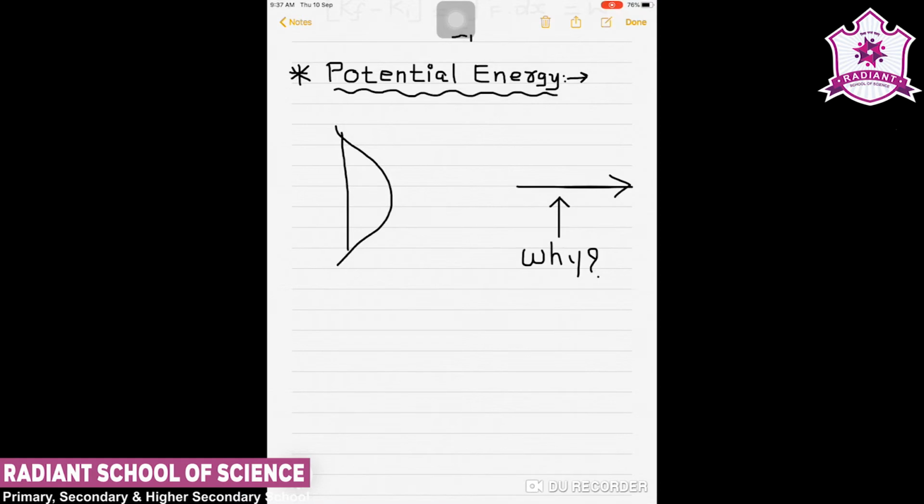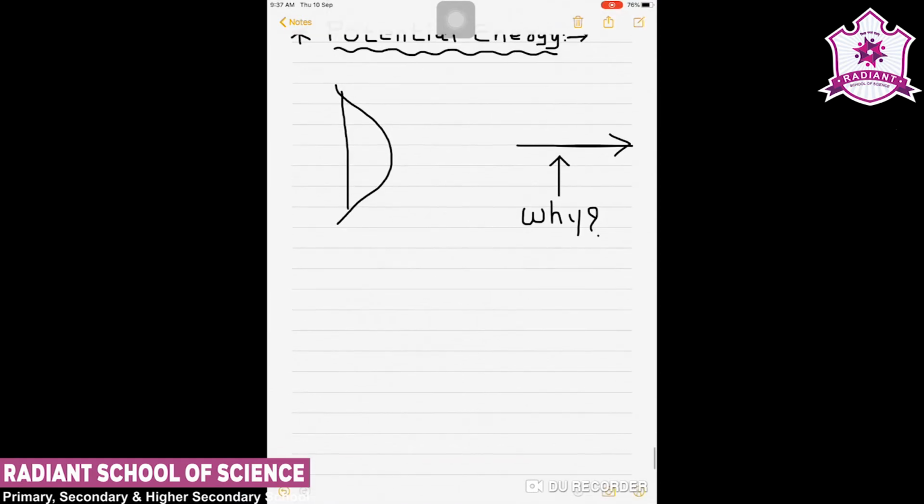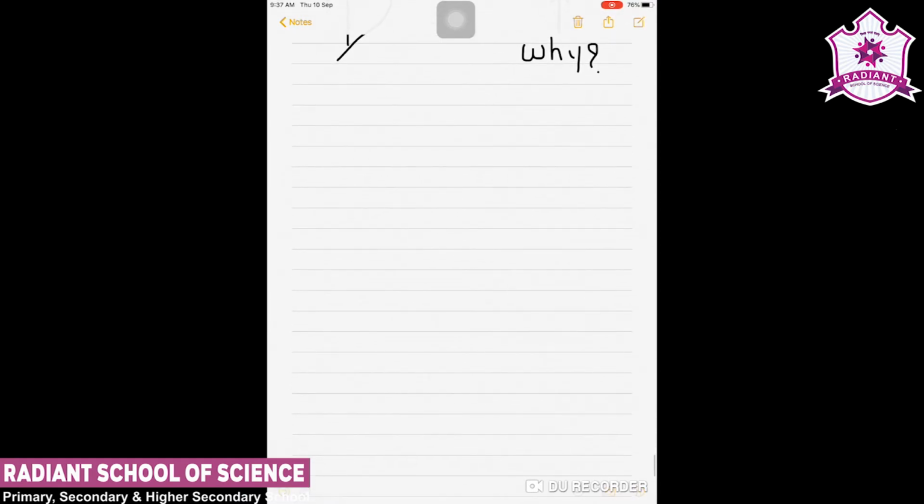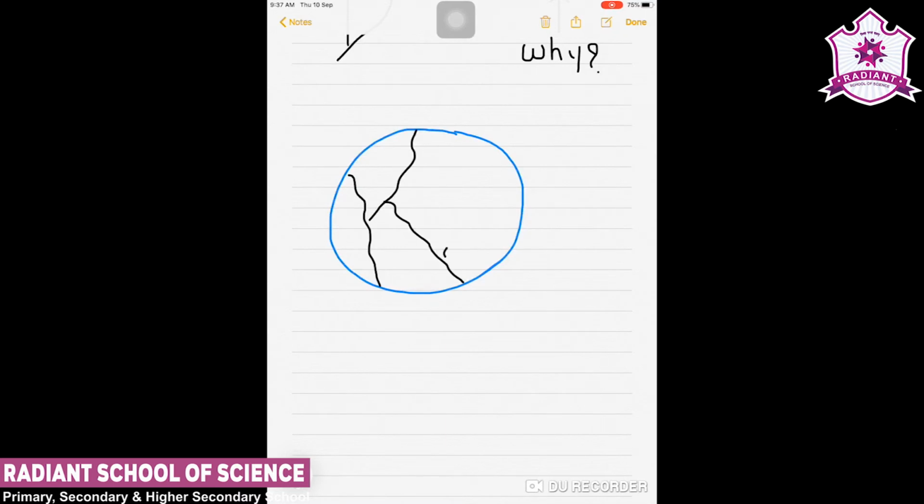The same thing happens with the earth also. We know that our earth has many segments inside it, which are called fault lines, in which movement is continuously taking place.